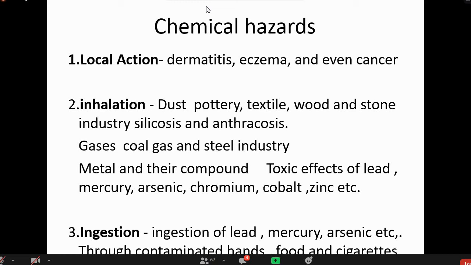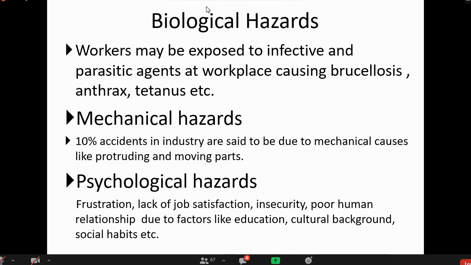Later on, it was found out that all those people who were eating a particular type of fish, in a particular area where there was mercury pollution, were affected. The fishes were ingesting the mercury, and the people who ate those fishes also had mercury poisoning. So it's very, very important.